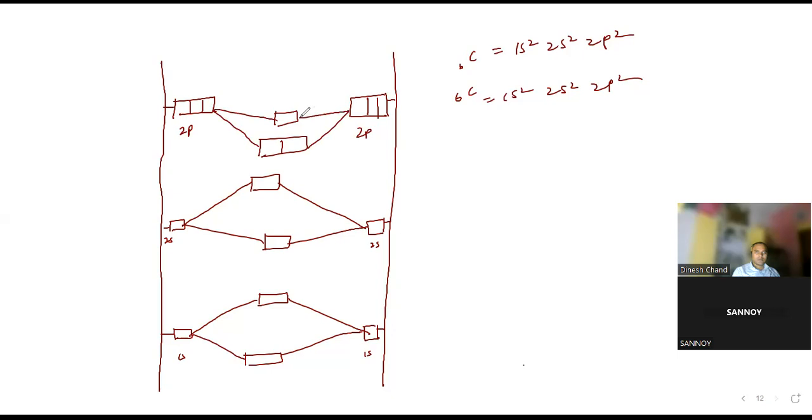Okay, this configuration is for up to which atom? Below, up to nitrogen. 2 1 2 1, up to nitrogen. B2, C2, N2, right? Up to nitrogen.